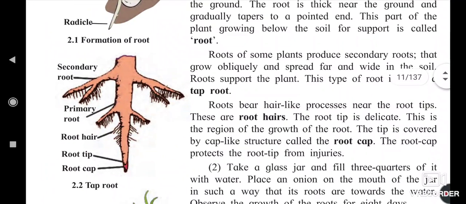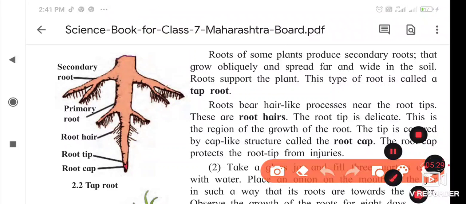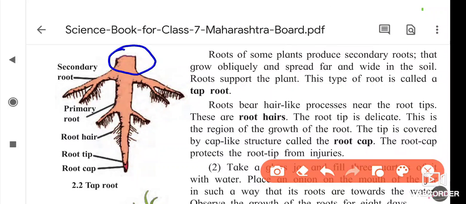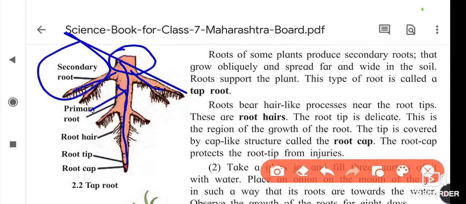Here we have a picture. This is the main root, which is referred to as the primary root. These are branches of the root, which are called secondary roots.